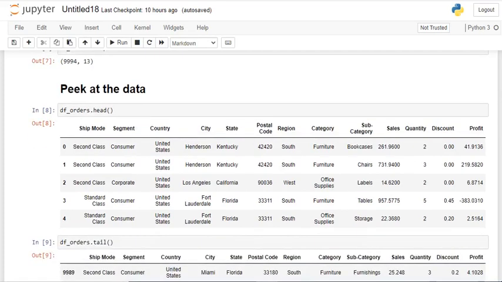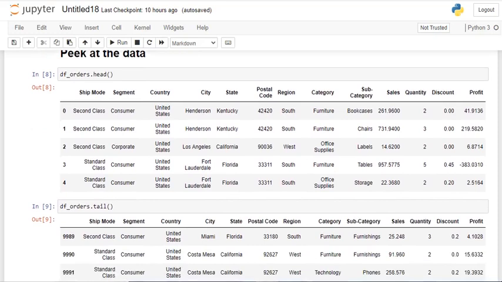And peek at the data means, once you read the data set by the code, df orders head is going to give the first top 5 rows in the data set. Here we see ship mode, segment, likewise up to profit, there are 13 columns, and 0 to 4, a total of 5 rows are given.